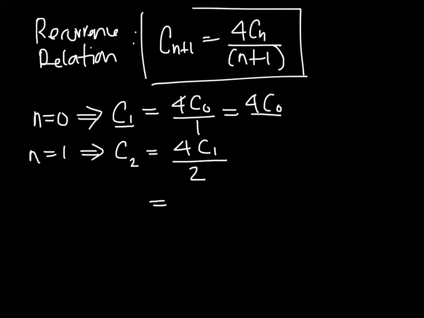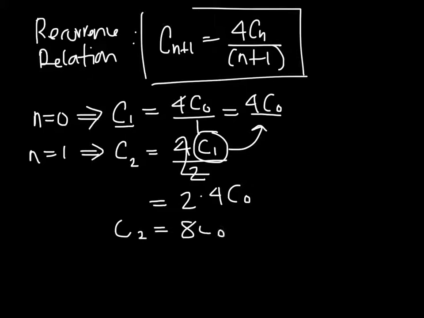So this is just a 2, and I have 2 C1, but what is C1? Well, C1 is right there, so times 4 C0. So I conclude that C2 is 8 C0. Okay, so that's one relationship.